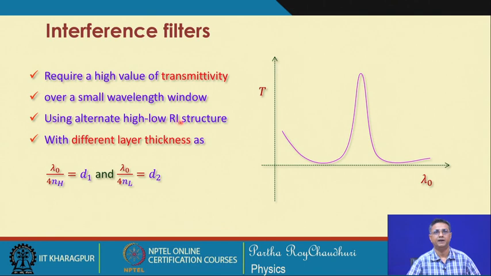Using an alternate high and low refractive index structure and this condition, we can get a strong transmission in a certain small wavelength region, and this is a very useful device for selecting a small window of wavelengths for some application, some experiment.